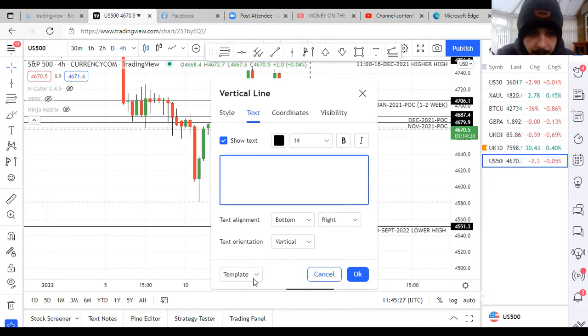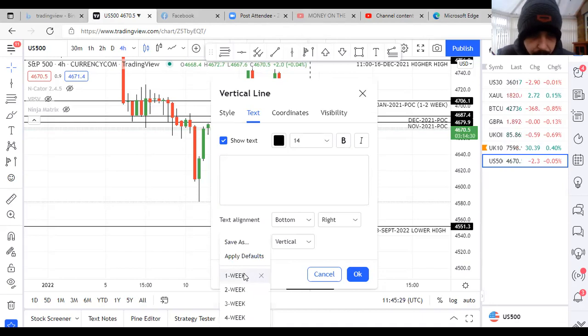Anyway, what I've done here, I've templated week 1, week 2, week 3, week 4. All the same settings, dashed line, just different templates set so I can quickly go through them.